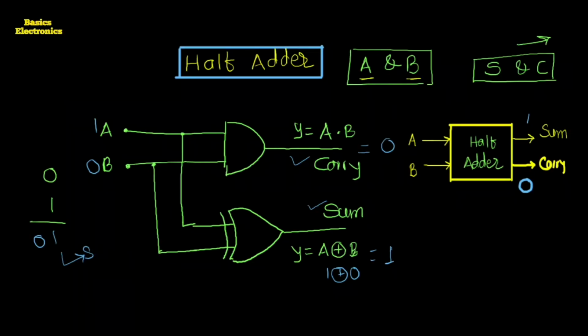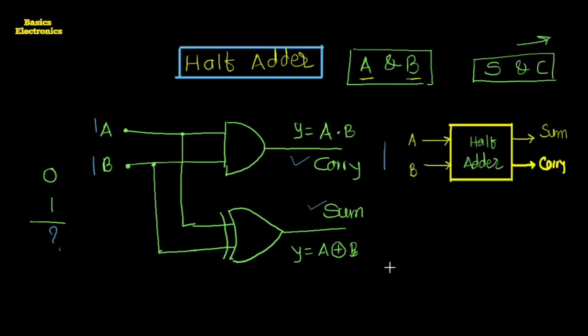Now the inputs we applied are A equals 1 and B also equals 1. When both inputs are 1, 1, the AND gate produces logically high output.